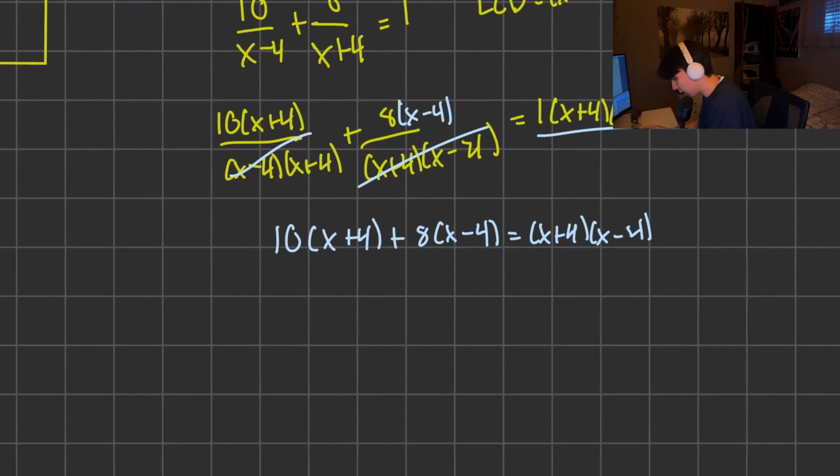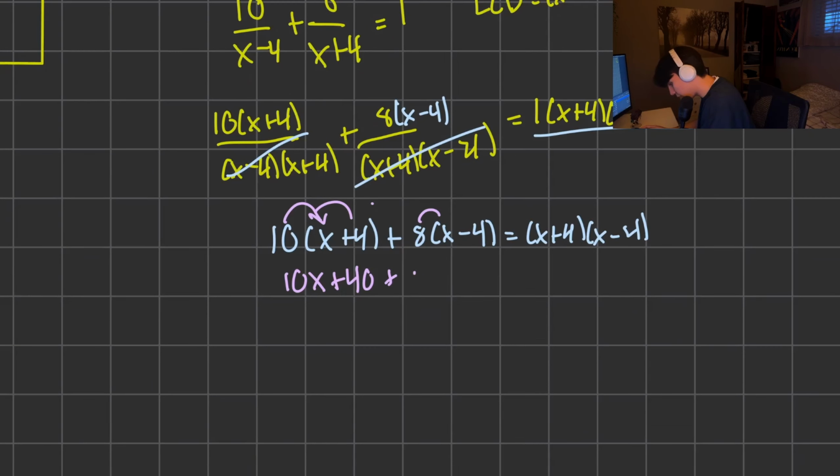So I'm going to FOIL this out here. So you get 10x plus 40 plus 8x minus 32 is equal to x squared minus 4x plus 4x minus 16. So x squared minus 16 on this side.